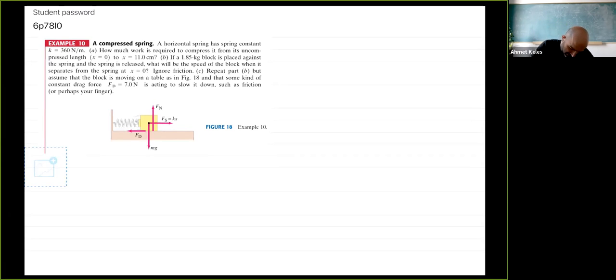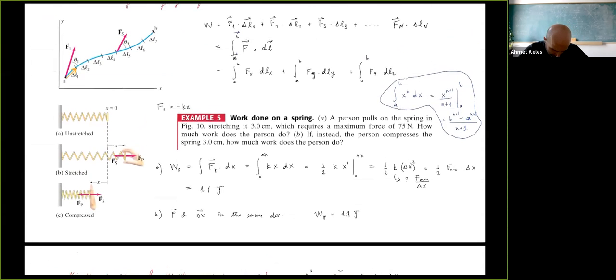I think we already studied the spring and we know how it works. On the previous page, if you remember, the work done by the person was equal to 1/2 K x squared. Let me just look and copy that right here.